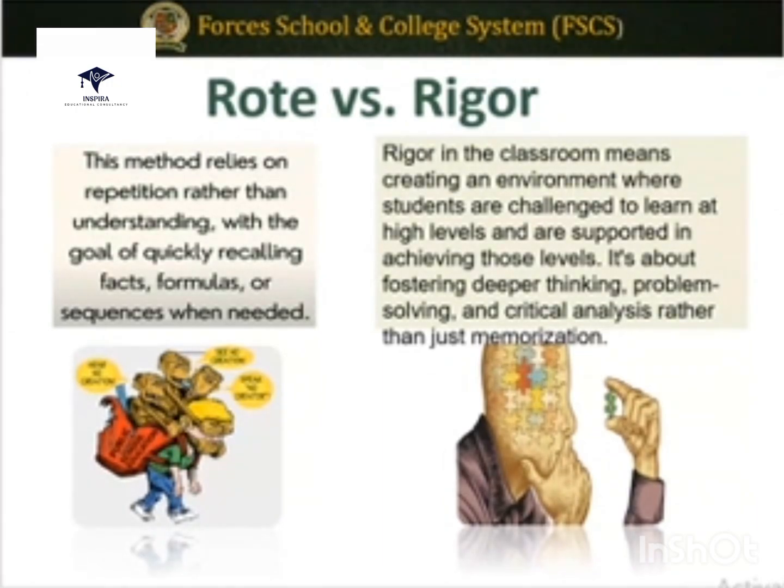Basically, this learning comes into the short-term memory of the learner. Rote means surface level and rigor means in depth. Rigor in the classroom means creating an environment where students are challenged to learn at the highest level and are supported in achieving those levels. It's about fostering deeper thinking, problem solving, and critical analysis rather than just memorization.